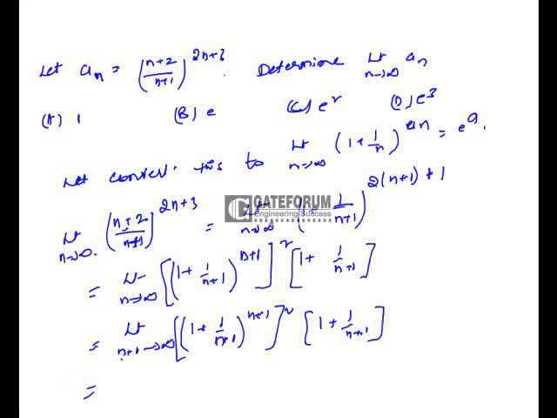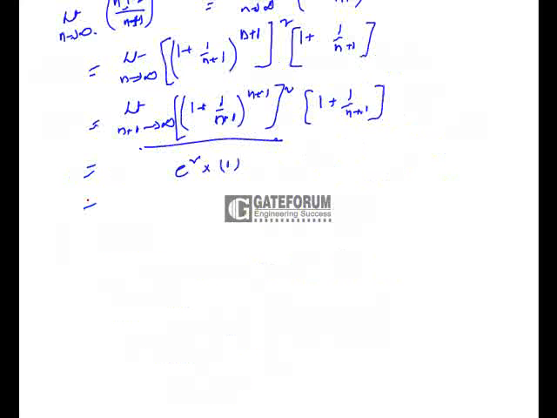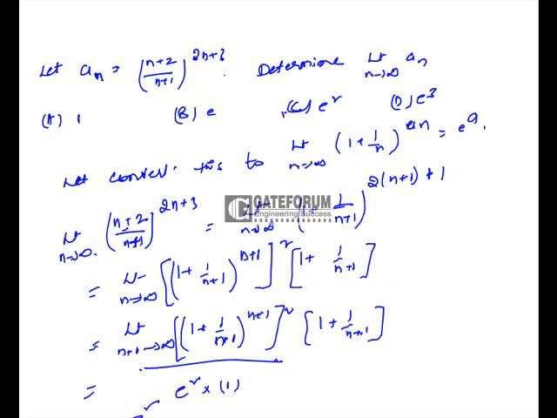For the first part we get e square, and as n plus 1 tends to infinity, 1 plus 1 by n plus 1 is nothing but 1. So e square into 1, which is e square. So here the correct option is option C.